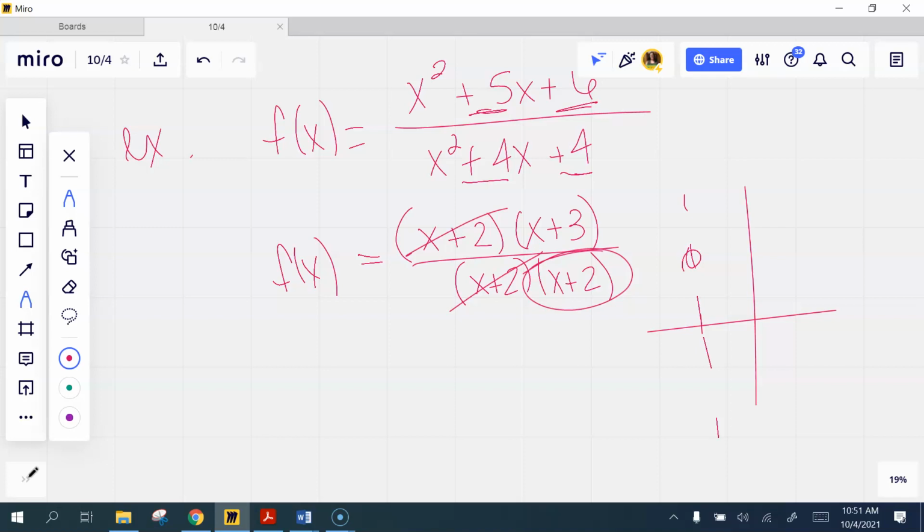You are not going to be, well, no, I lied. So it's a vertical asymptote here for -2. Because it was removable, but even if I remove it, that asymptote still stays.